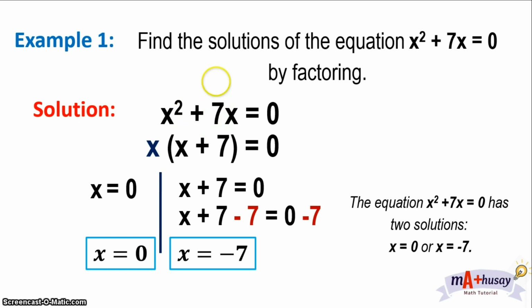Positive 7 times negative 7 is negative 49. So, 49 minus 49 is still 0. Hence, negative 7 is a solution. It holds true in the equation x squared plus 7x equals 0. So, those are the solutions for x squared plus 7x equals 0.